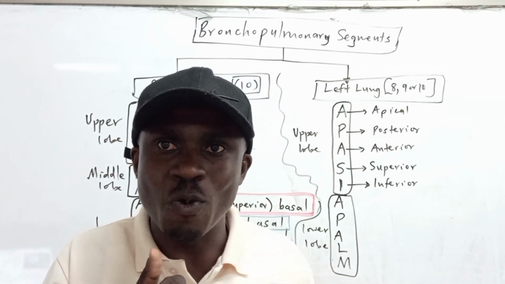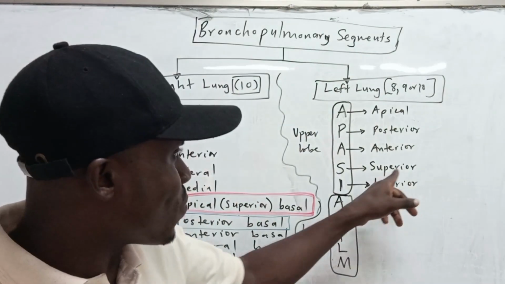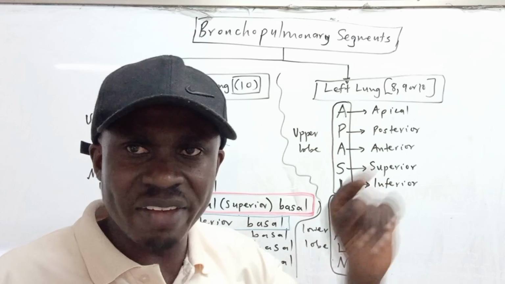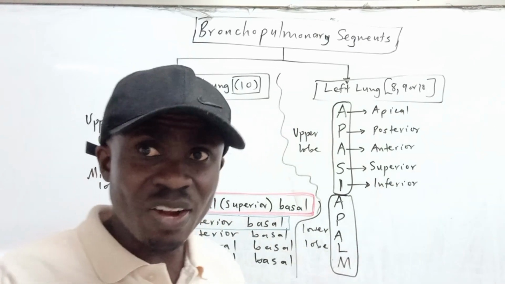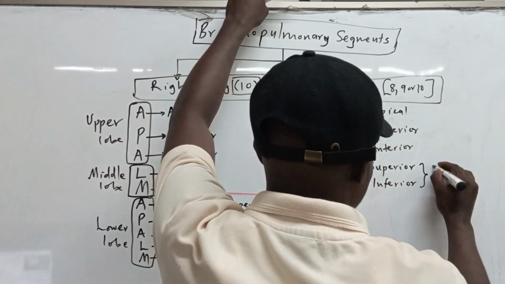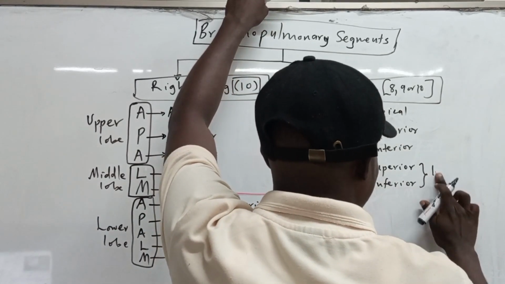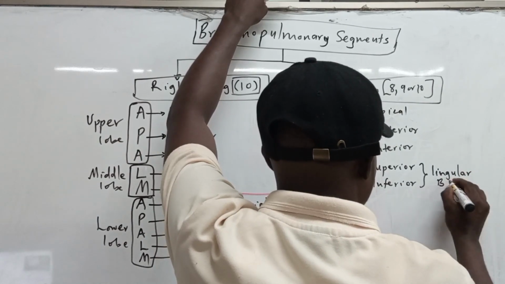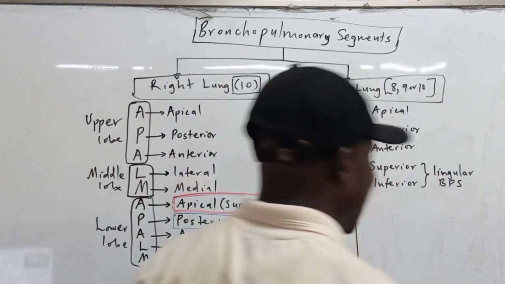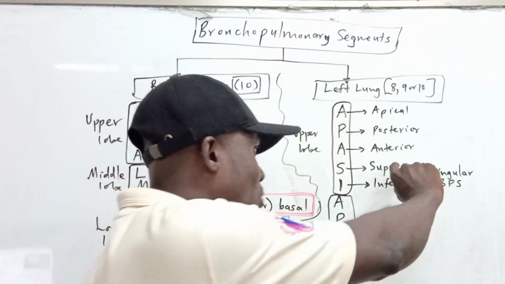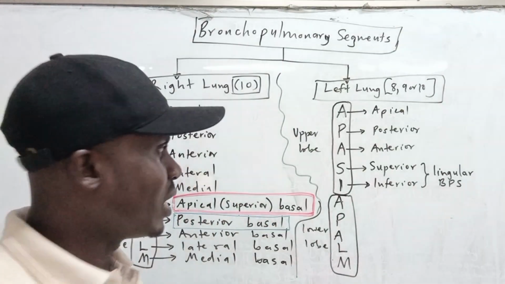It's part of the superior lobe. That is why this superior and inferior bronchopulmonary segments of the left lung can also be called lingular. Lingular means regarding something which looks like a tongue. So we can say it's a complex together, lingular.